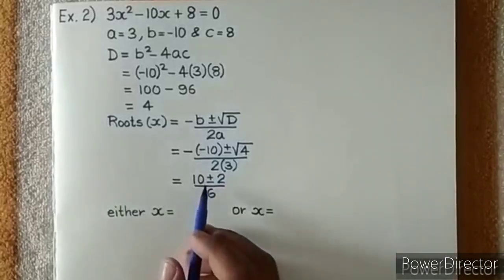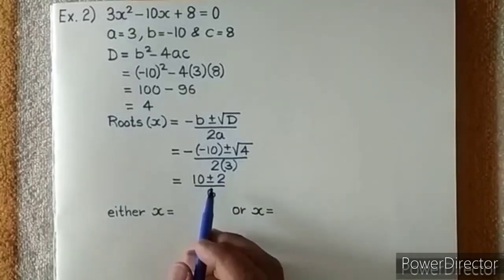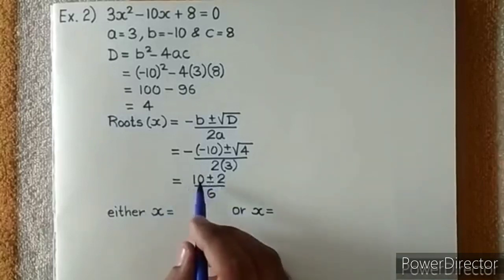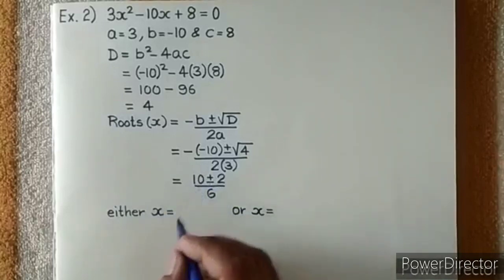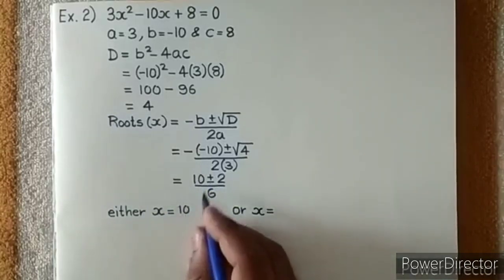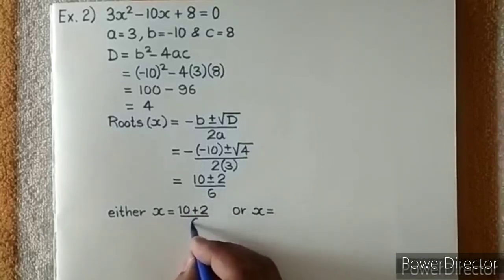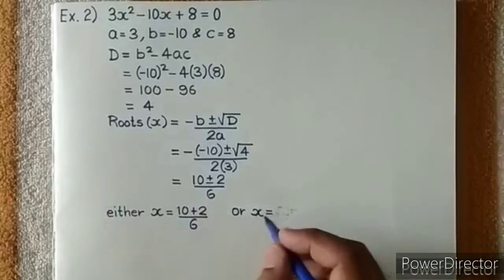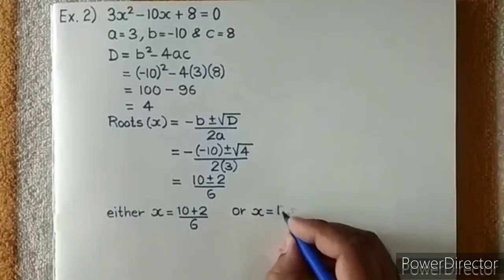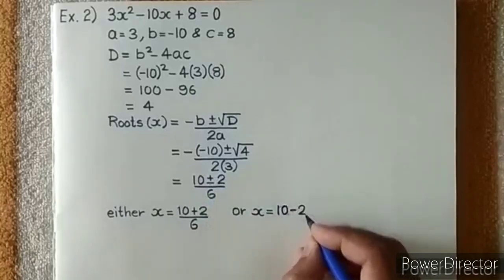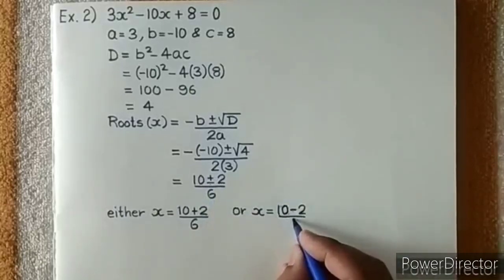Now we know that a quadratic equation will have two roots, so this is plus or minus here, so we'll split this into two. So either x is equal to 10 plus 2 upon 6 or x equals to 10 minus 2 upon 6.